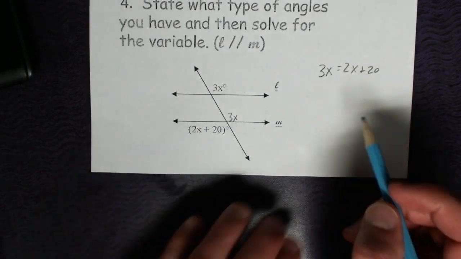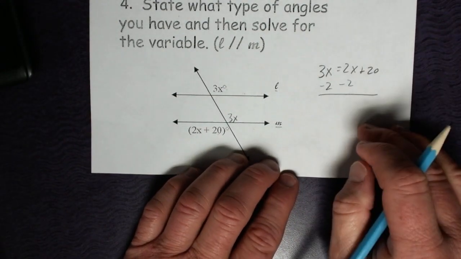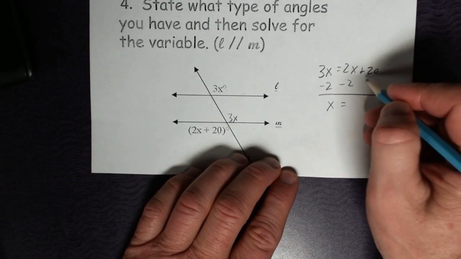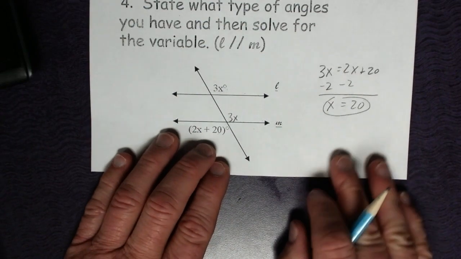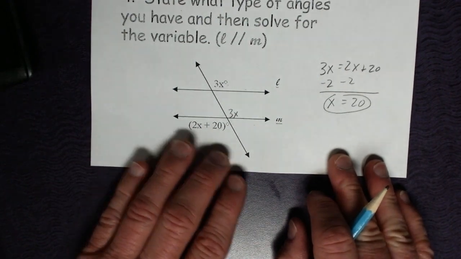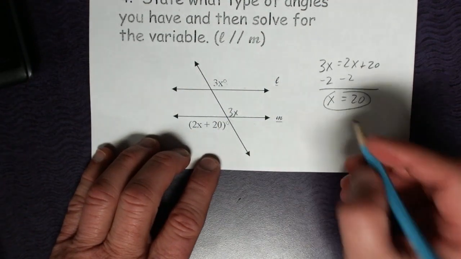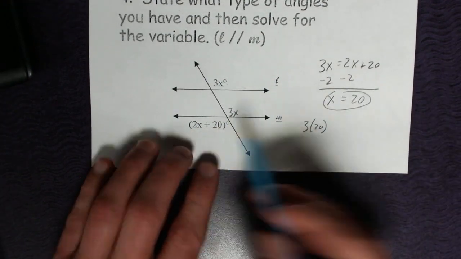So let's solve it. I'm going to take my lower number. This looks like it's going to work out great because I've got x over here, and then there's nothing to cancel out with the 20. So there's my x. Let's see if it checks out. I'm going to plug it in. I got two x's now, so I'm going to plug it in for both. 3 times 20 is 60.